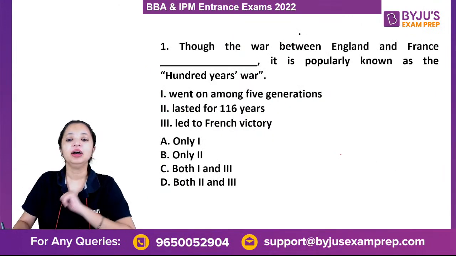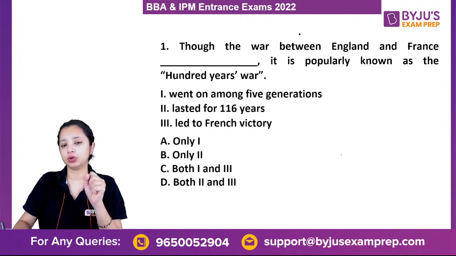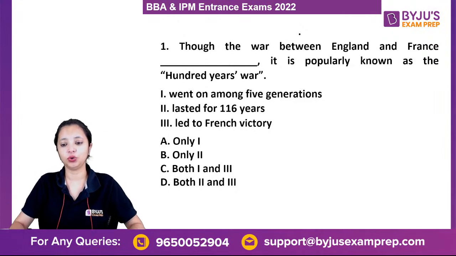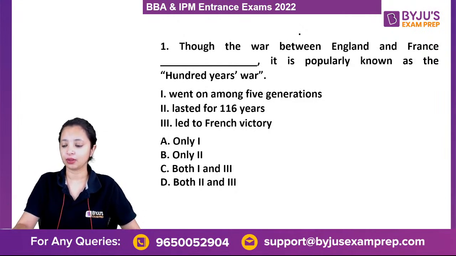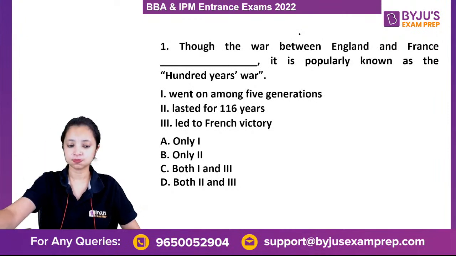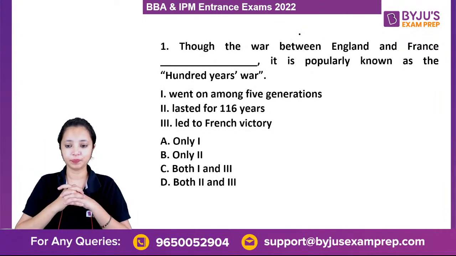Question number 1, here you go. A missing part of a sentence is to be found out by you. What should the answer here be? Give it a go, everyone. What should the missing part be?